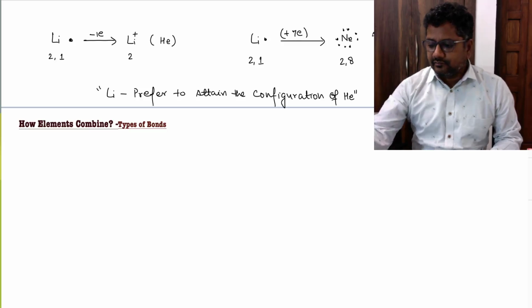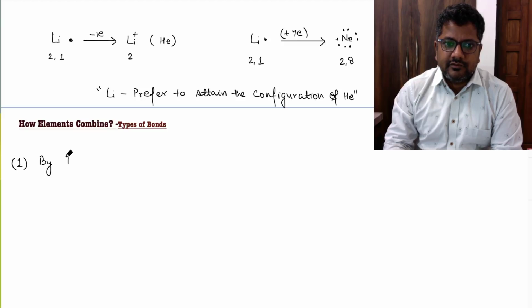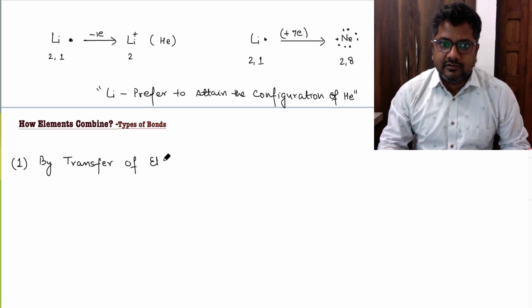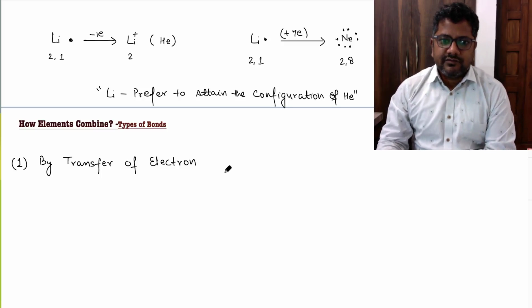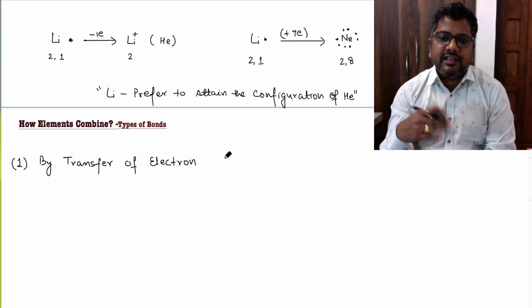So the first method of combination is by the transfer of electron, means transfer of electron from one atom to other atom, means one atom is losing the electron and other atom is gaining the electron.